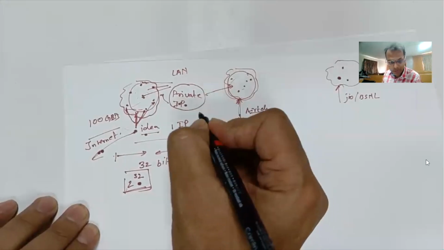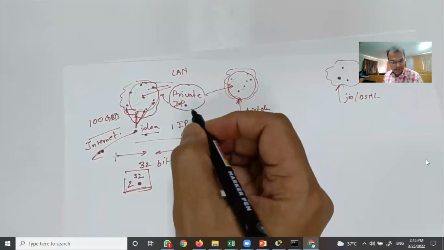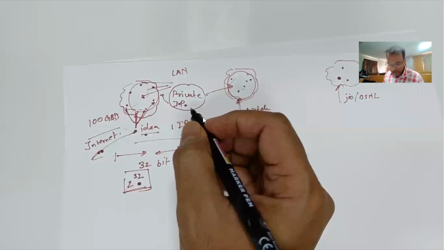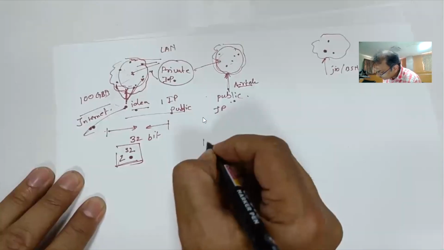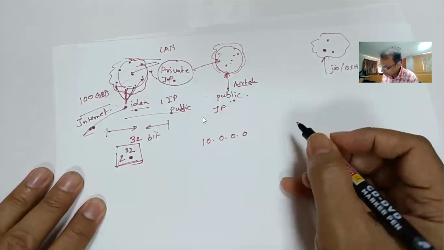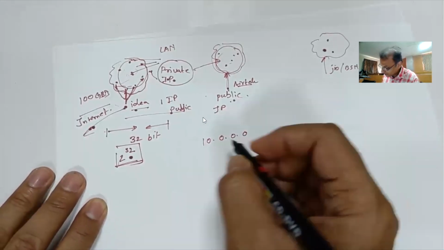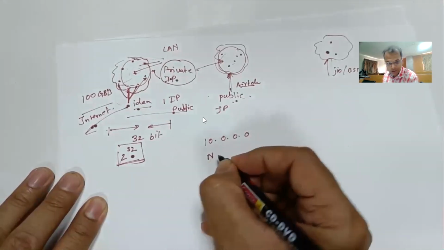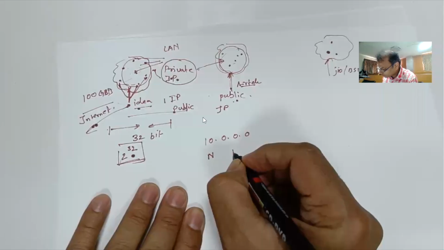It depends. See, in this case, let's say in class A, you have the IP addressing scheme as, let's say, 10.0.0.0. So how many machines can you have? It depends on the number of network bits and the number of host bits.